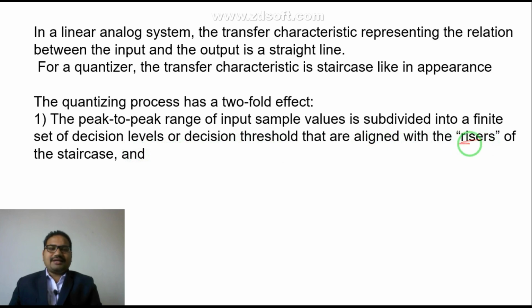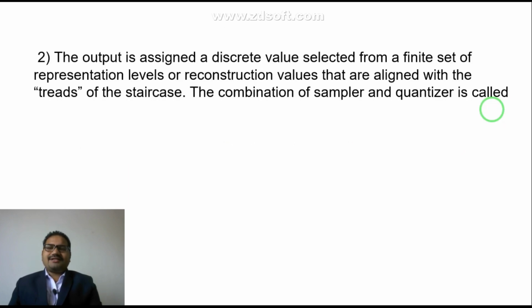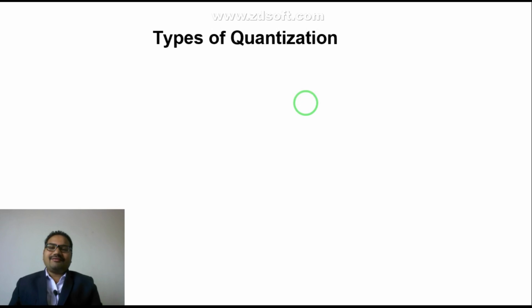Understood? Aligned with the risers of the staircase. This is the first effect. The second effect is that the output is assigned a discrete value selected from a finite set of representation levels or reconstruction values that are aligned with the treads of the staircase. Earlier it was the risers, now it is the treads. The combination of sampler and quantizer is called an analog to digital converter.